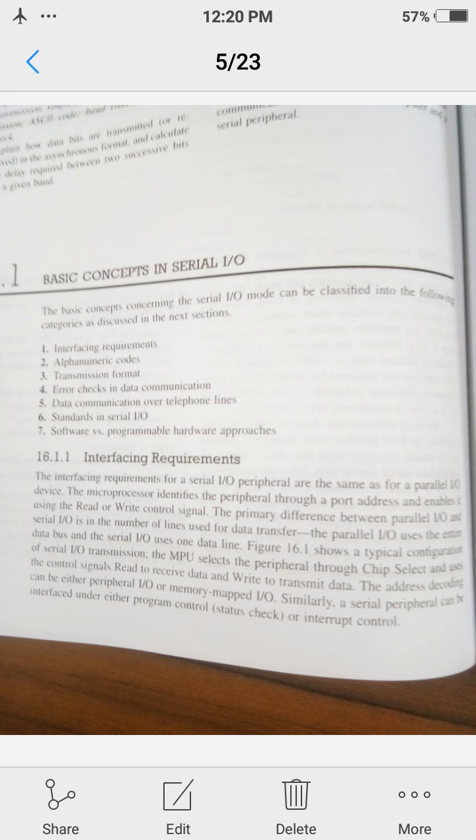Serial IO mode means one bit at a time is transferred on a single line of communication. So in a serial transmission, an 8-bit parallel word should be converted into a stream of 8 serial bits, and this is known as parallel to serial conversion.